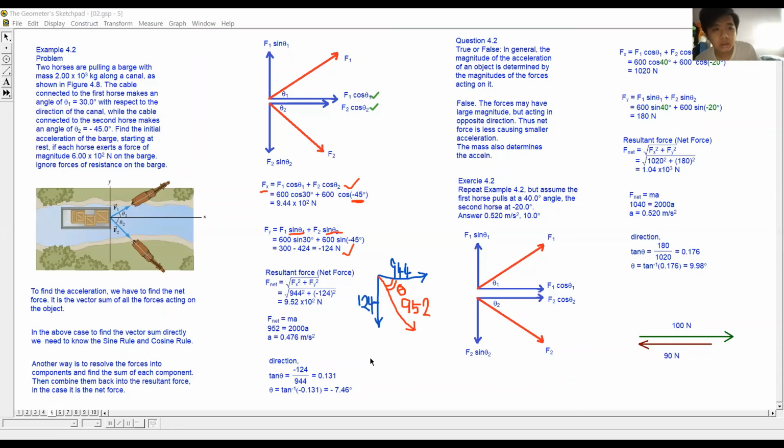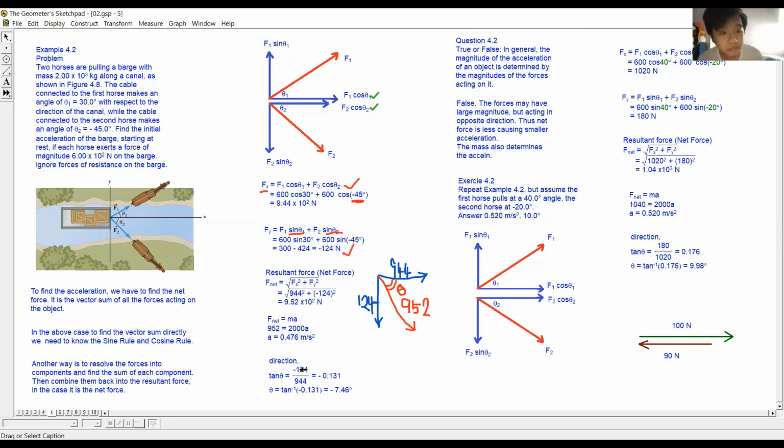Now, how to use your calculator to find this? First of all, I missed out the negative sign. You use negative 124 divided by 944, and you see what your answer is. Make sure you switch your calculator to degree mode.